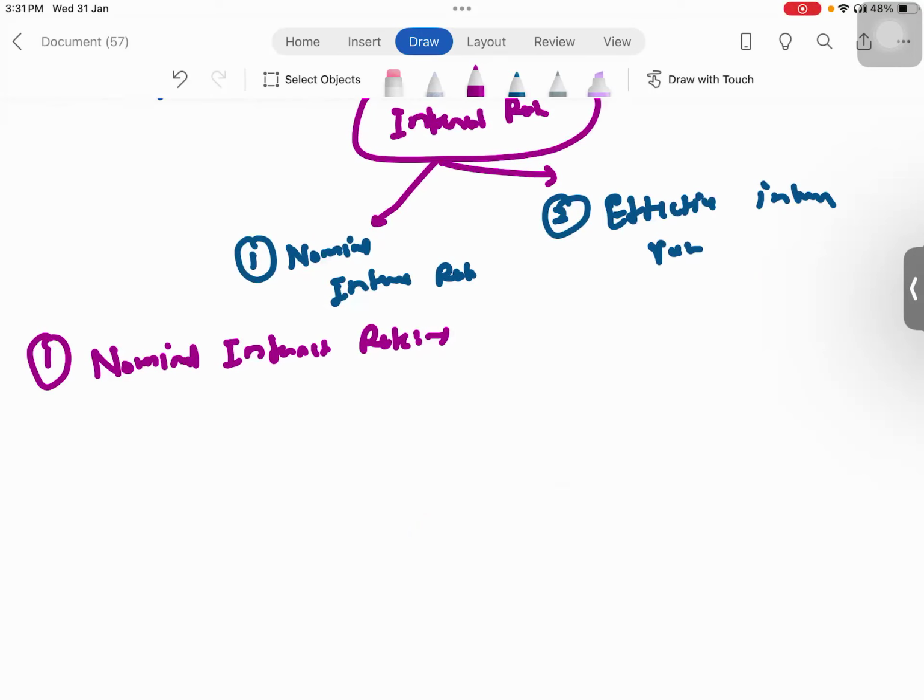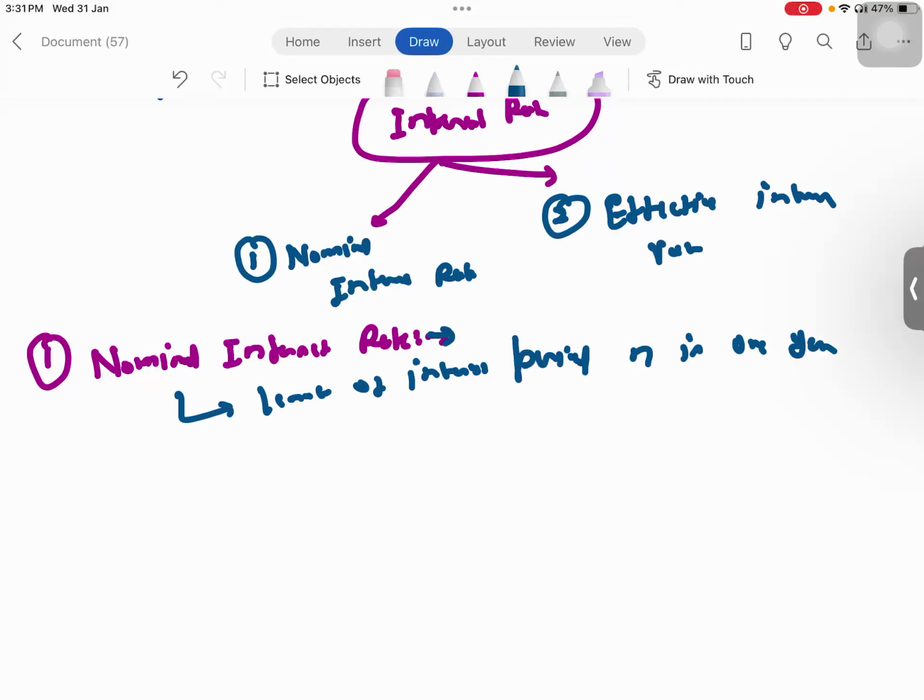In case of nominal interest rate, usually the length of interest period N is 1 year, and the interest rate, let's say I, is based on the year, right? Even when the actual interest period is not 1 year, the interest rate is expressed on the annual basis. So you will be taking the interest on an annual basis, and based on that, you will be doing the calculation, right?